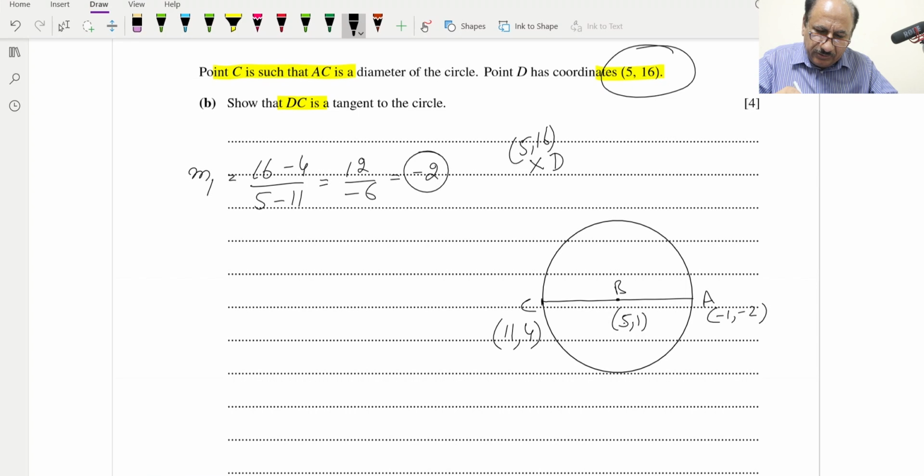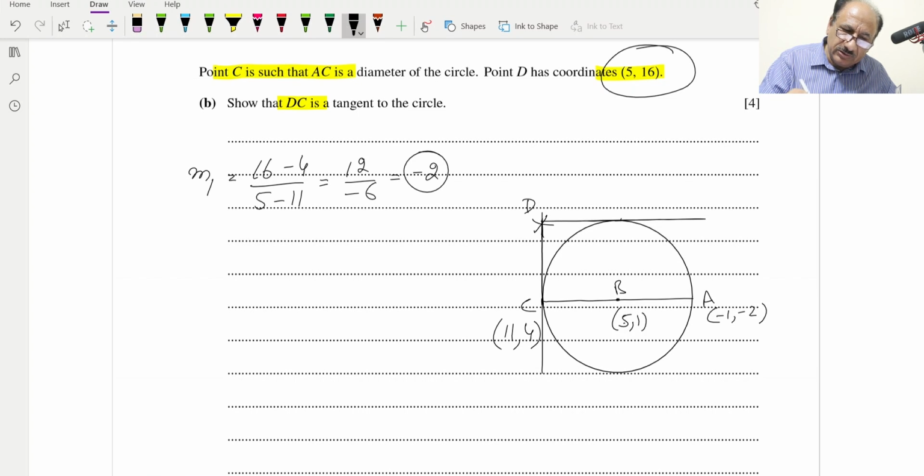For your explanation, I'll redraw this a little over here, up to this one like this, and this will be touching this point, so I will move D over here. This is 5 and 16, and on this side the coordinates of this one will be -1 and 4.